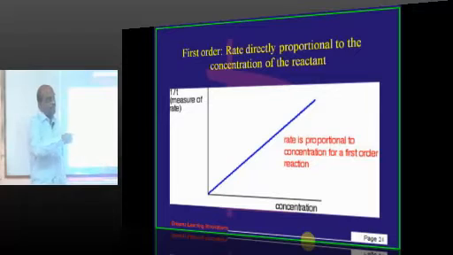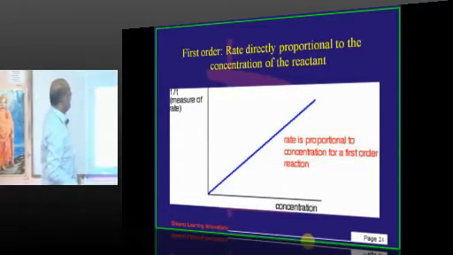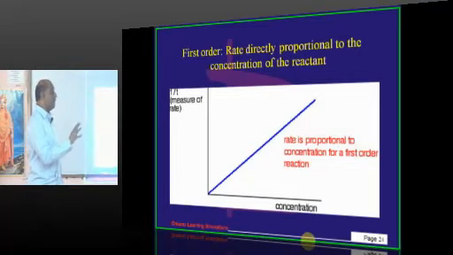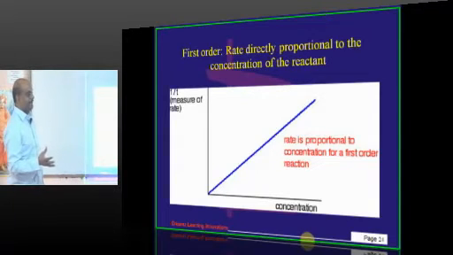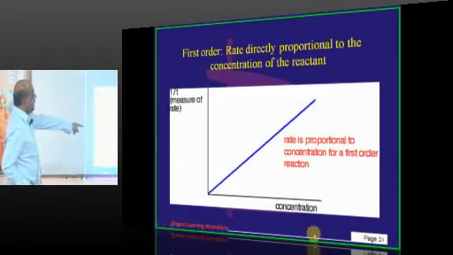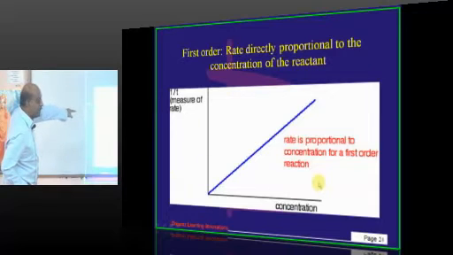Whereas in the case of first order kinetics, what is happening? The rate of elimination, don't confuse it with half-life, is proportional to the concentration of the reactant. Suppose concentration is high, how is the rate of elimination? I have plotted this graph between concentration and rate of elimination.